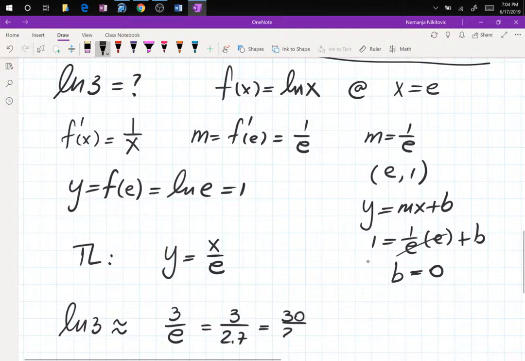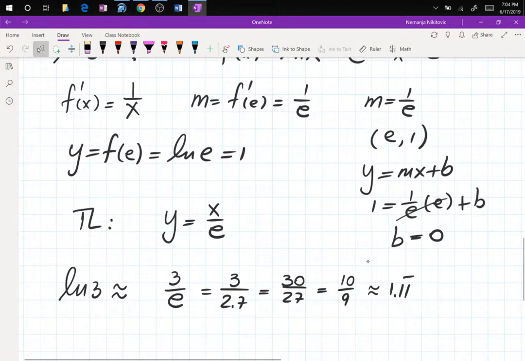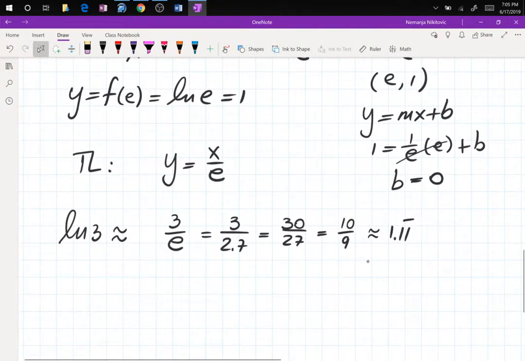That's 30 over 27 to kill the decimal. Divide by 3 to get 10 over 9, which gives you about 1.111111 forever. So we approximated, without use of any calculators or computers, that ln 3 is about 1.11.